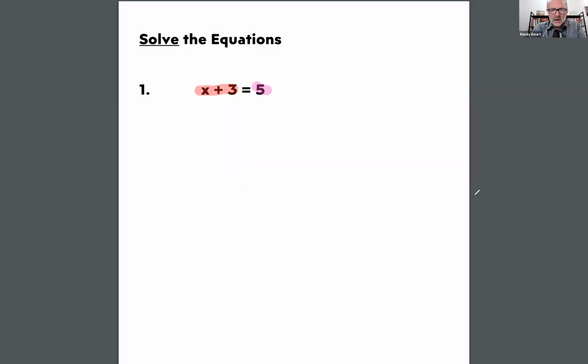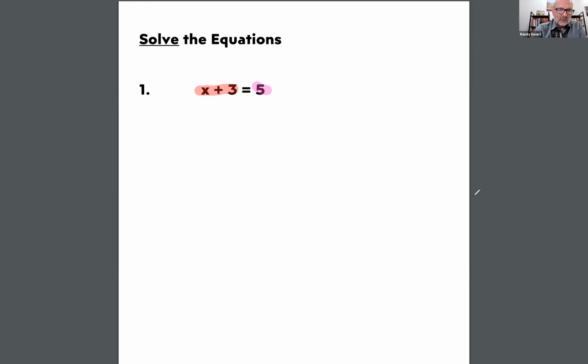Okay, there are 2 sides of the equation. I want to get rid of the number that's next to the x, and that's on the red side of the equation. That's an expression, x plus 3. So I want to get rid of that. I know plus and minus cancel. They're inverse operations.